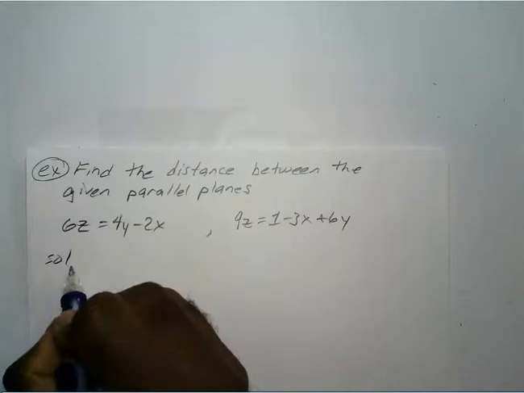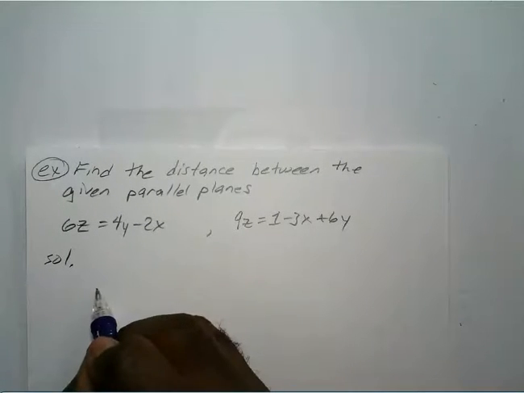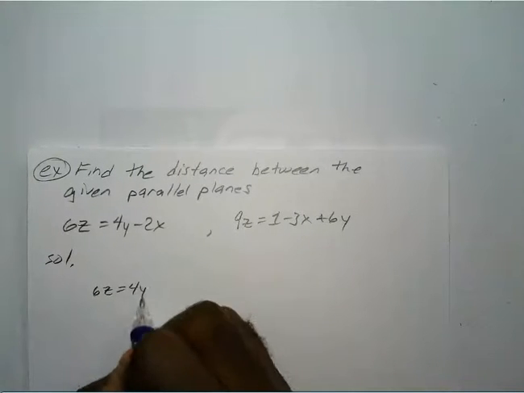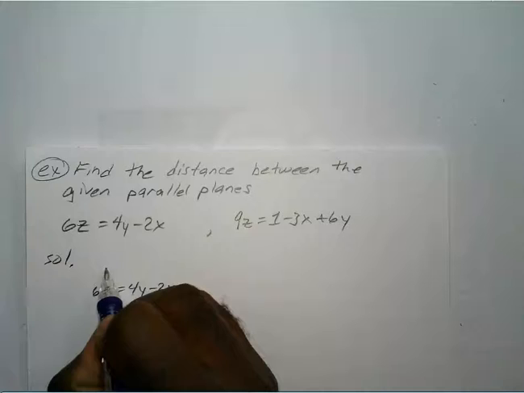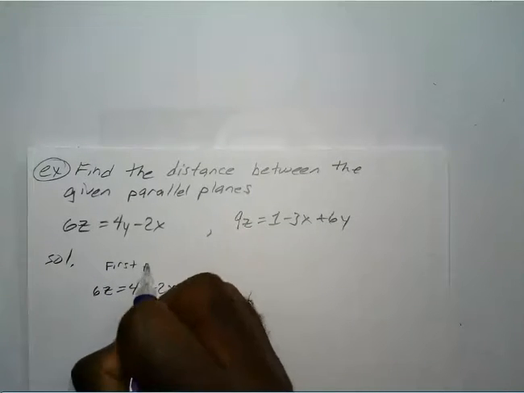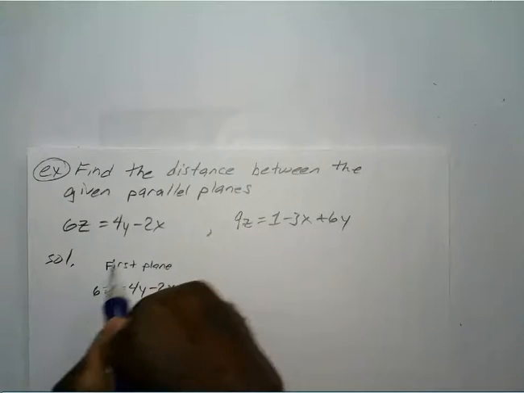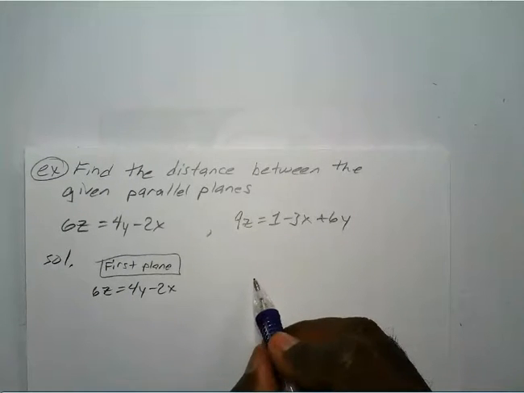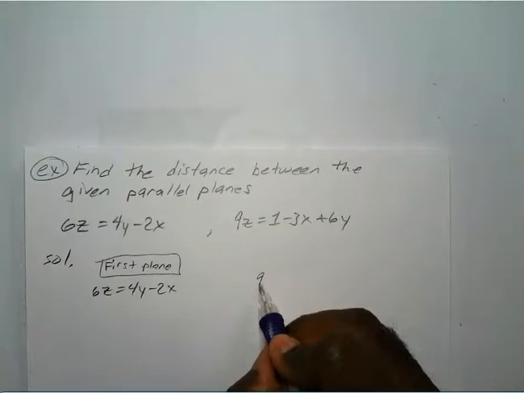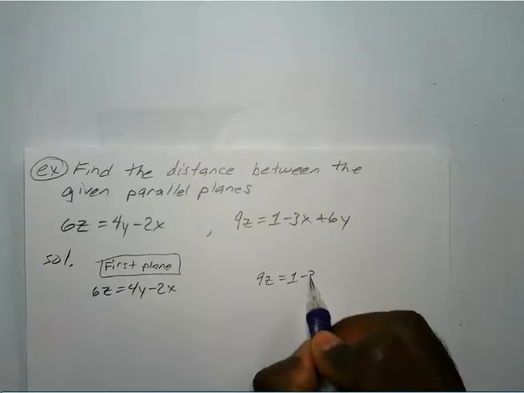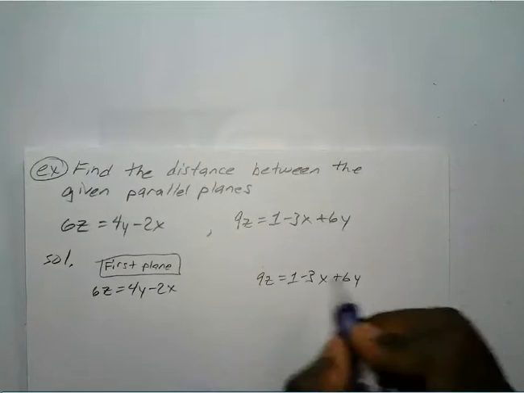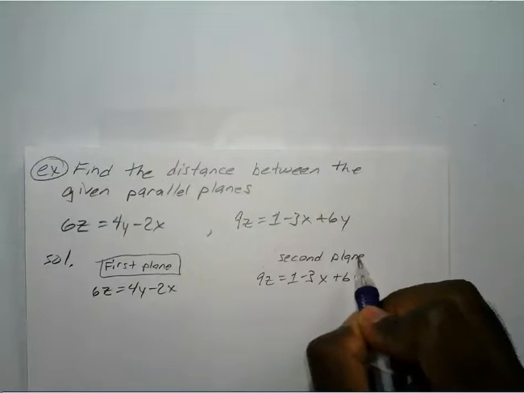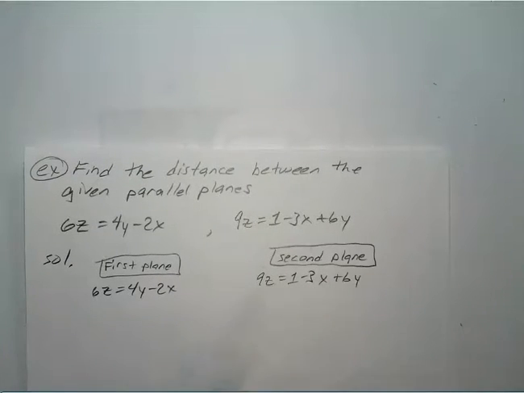So let's say 6z equals 4y minus 2x is our first plane, and 9z equals 1 minus 3x plus 6y is our second plane, so we can distinguish one from the other.